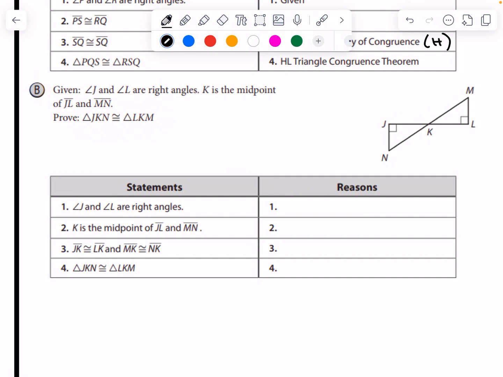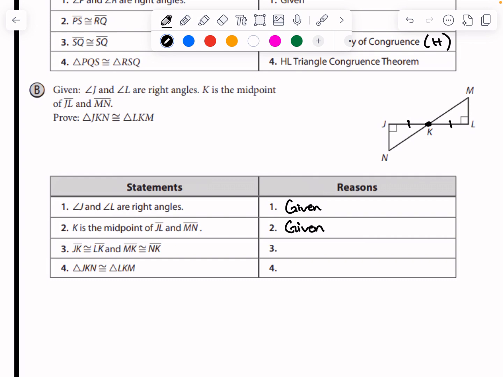So here we already know that the first thing is given. That K is the midpoint, yep, that's also given. But that gives us so much information because we can conclude that JK, so I'll put this down here, this line segment is congruent to this line segment.